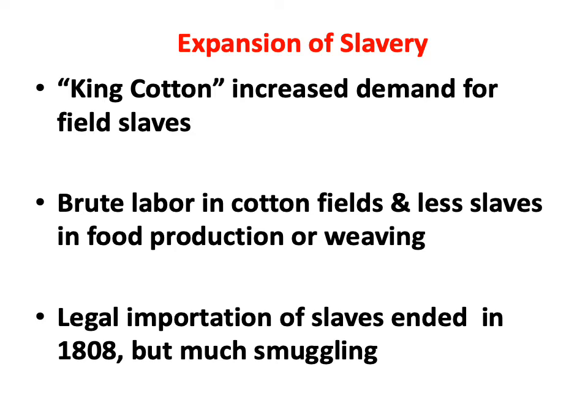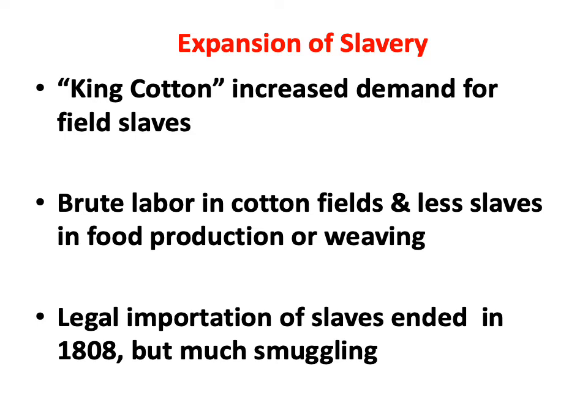Because of the productivity and the great profitability of cotton production, slave owners would move slaves out of, for instance, the plantation garden growing lettuce and tomatoes and whatnot, and move them out growing cotton because they could make so much money growing cotton. The plantation owner could easily buy fruits and vegetables in the local market.